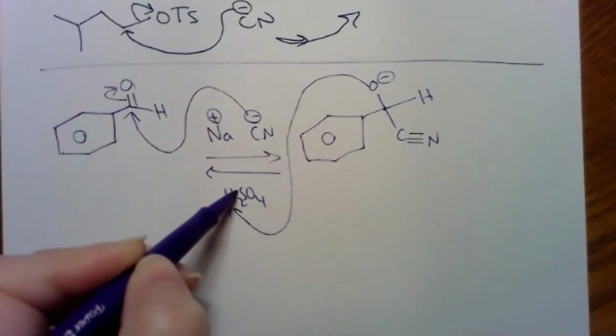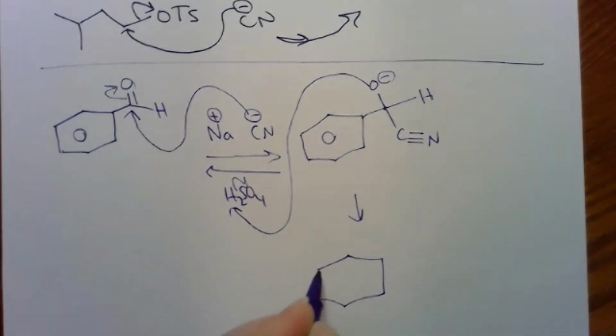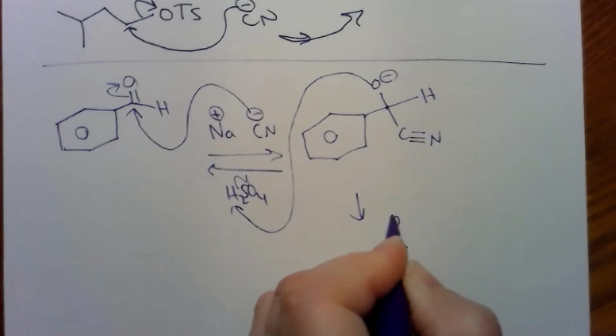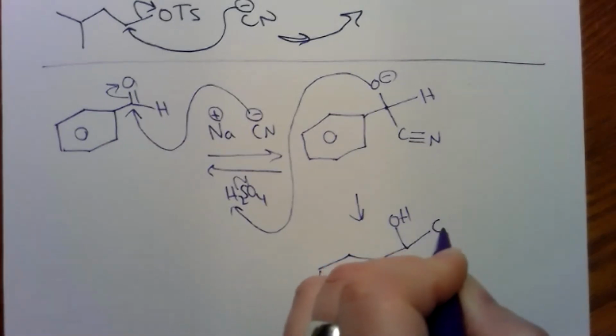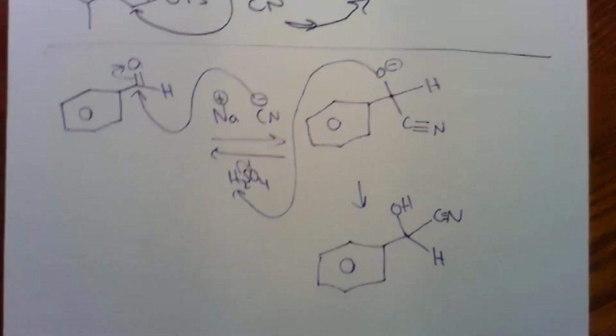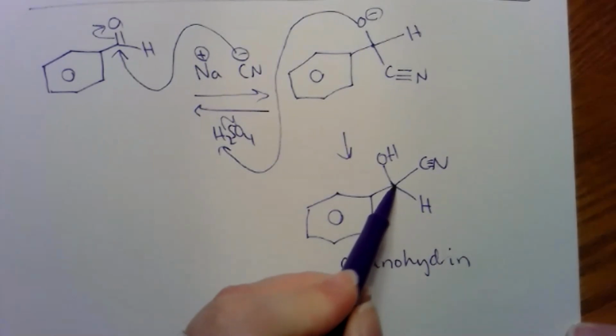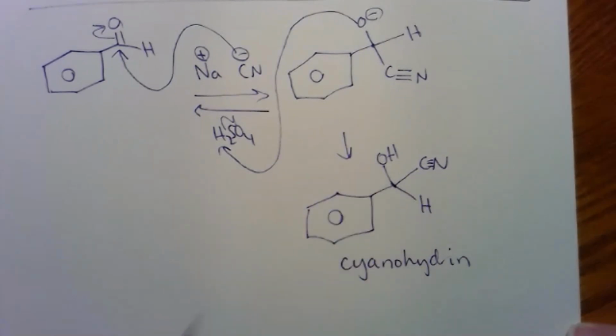Protonate the O minus you just made. This is called a cyanohydrin. A single carbon has a cyanide and an OH on it.